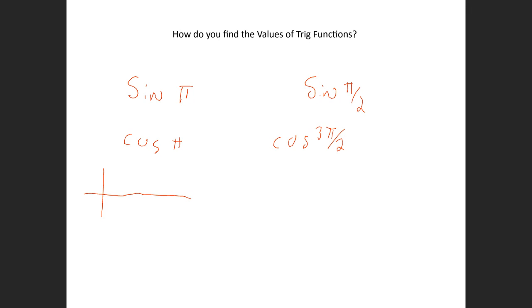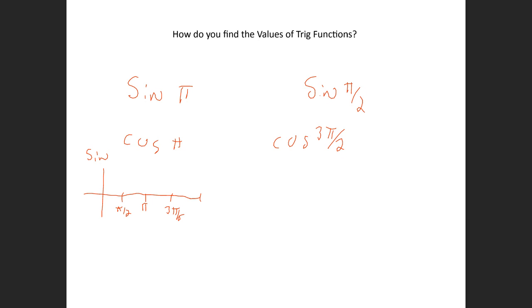So the first thing I always told my kids when I used to teach face-to-face is I said, hey, draw out the sine function. So this would be pi over 2, pi, 3 pi over 2, and 2 pi.